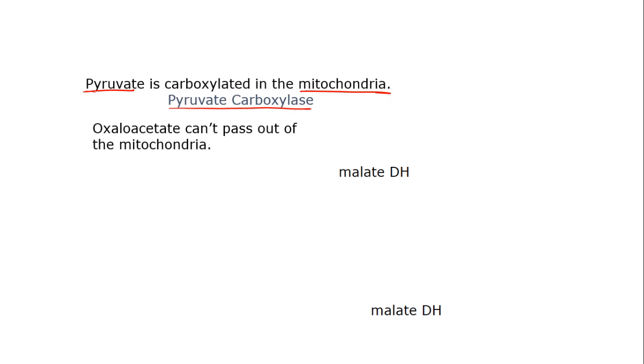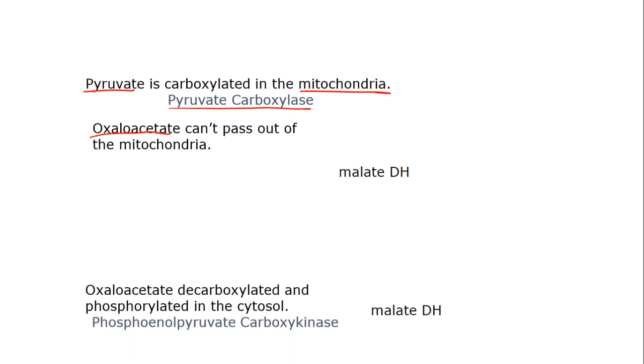Now, one thing we need to understand is that oxyacetate cannot pass out of the mitochondria. The oxyacetate which we saw being created there cannot pass through the mitochondria. But oxyacetate is decarboxylated and phosphorylated in the cytosol.